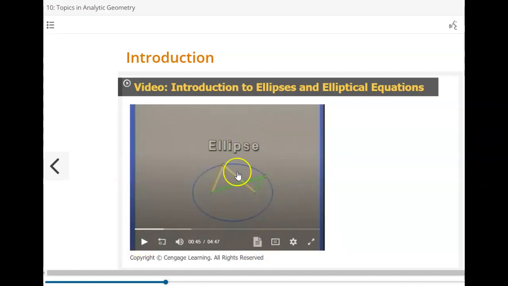So there you see it. That's how you could trace one. And that's what we were discussing about the distance from any point. So when you put all those points together, that is what makes the shape.